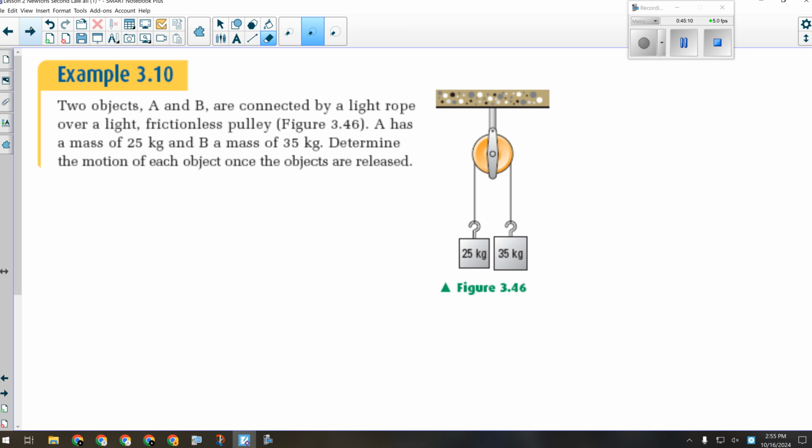Okay, copy that one down. Give it a try. It's still a system, 2 masses. They're just hung over a vertical pulley. How many forces are acting in this problem?